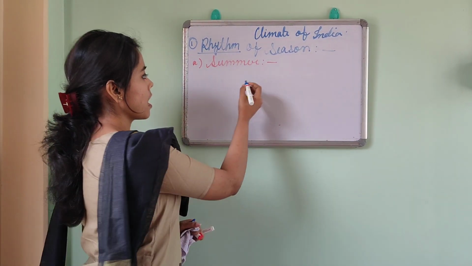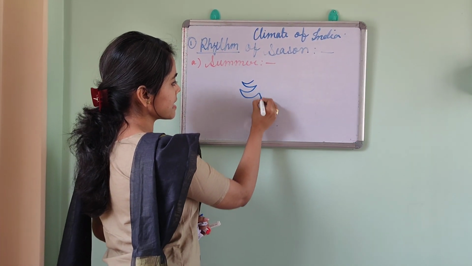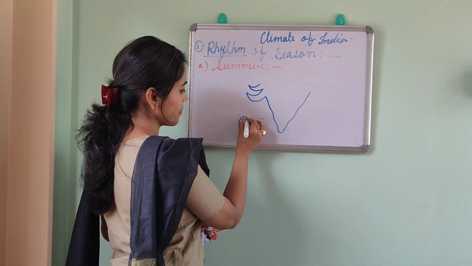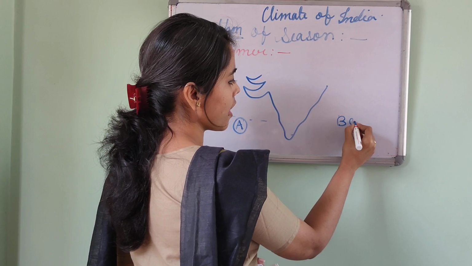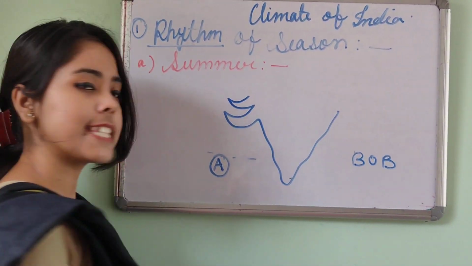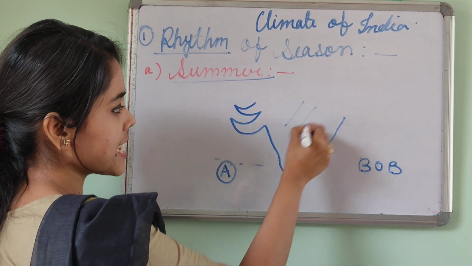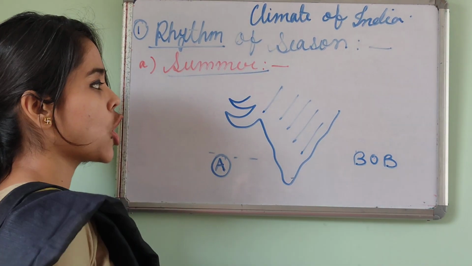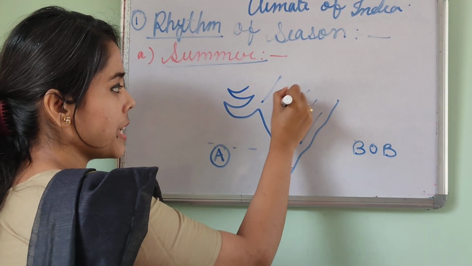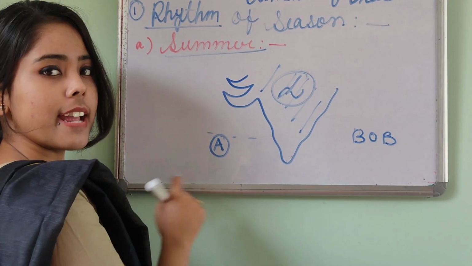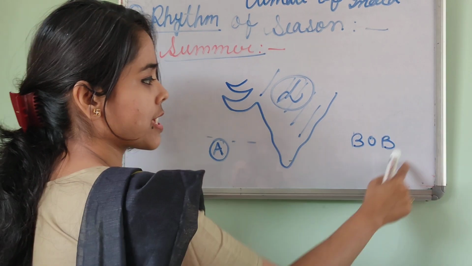Now, this is southern India. Here the Arabian Sea and here the Bay of Bengal is situated. In summer season, this is the land area, so here the pressure will be low. On the other hand, here it is the sea surface, right?